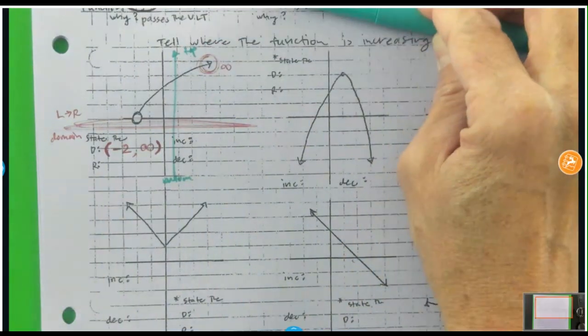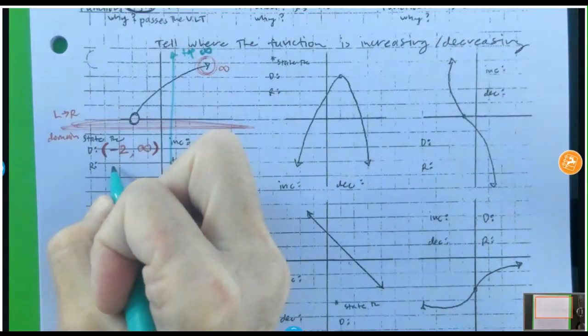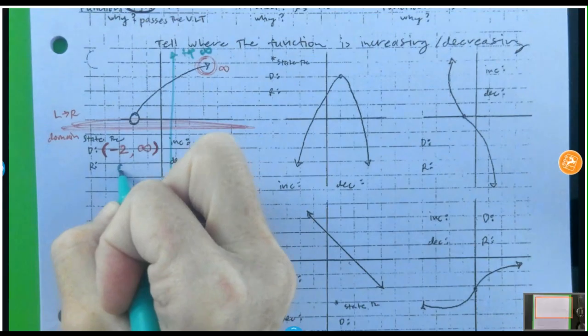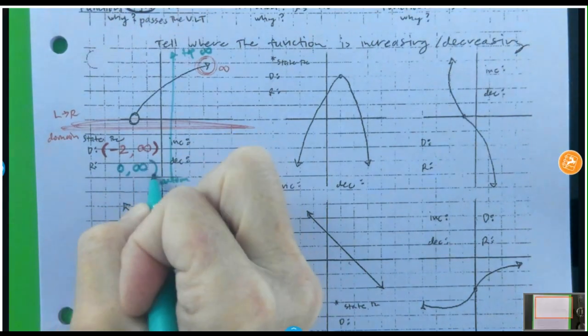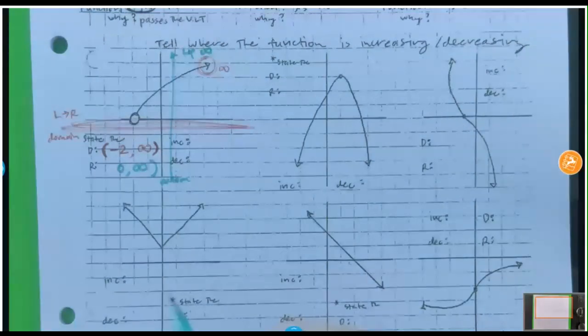So it's going to be 0 to infinity because it continues to go up. So for your range, put 0, comma, infinity. We know infinity gets a parentheses. And 0 also gets a parentheses because of that open circle.